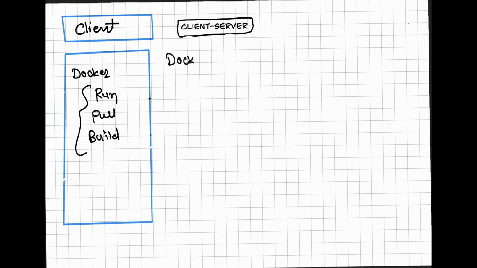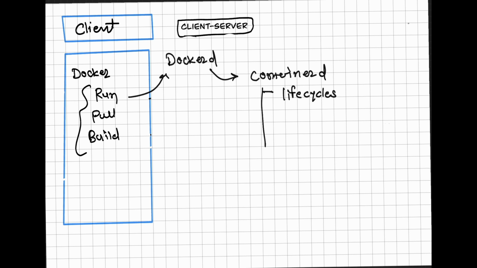Now we are going to see under the hood how the request flows between the architecture. So when you run the Docker CLI, it goes to dockerd, it processes it, but under the hood containerd is used. So containerd is basically useful for the life cycle of a container, how it works.